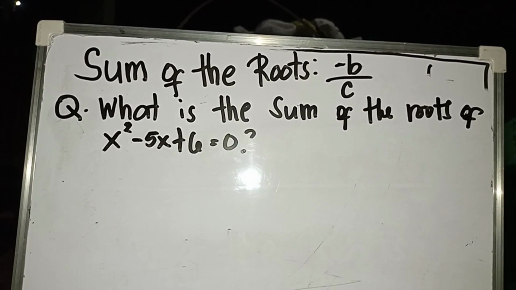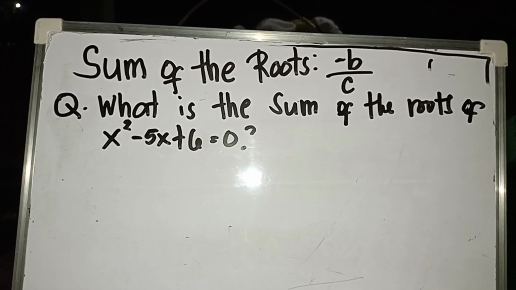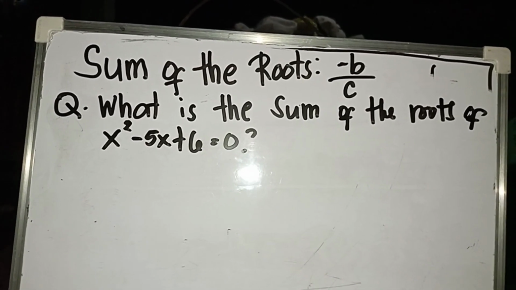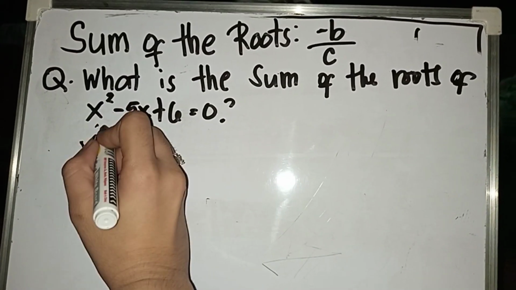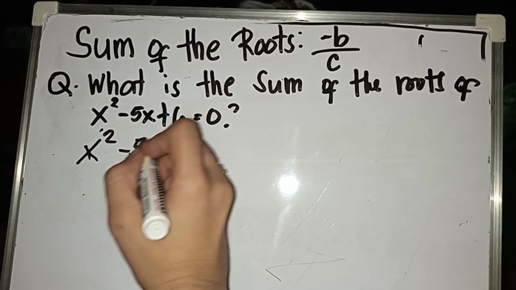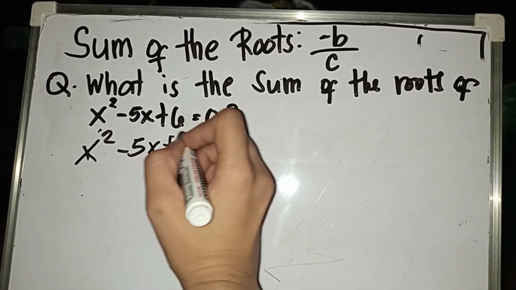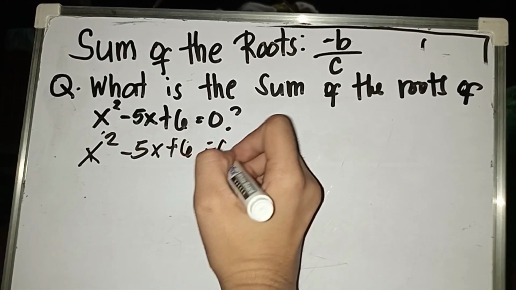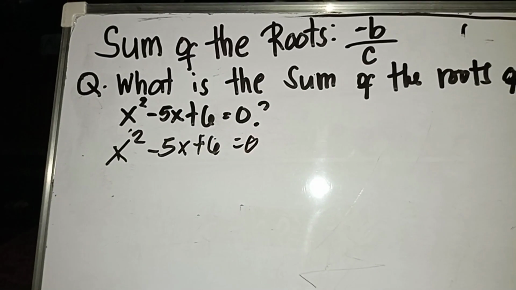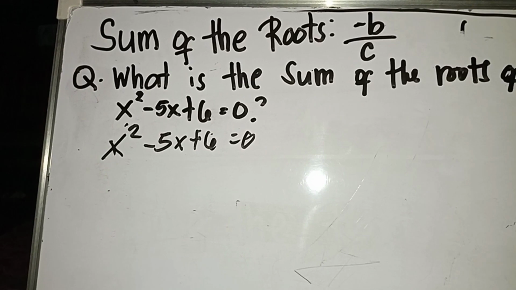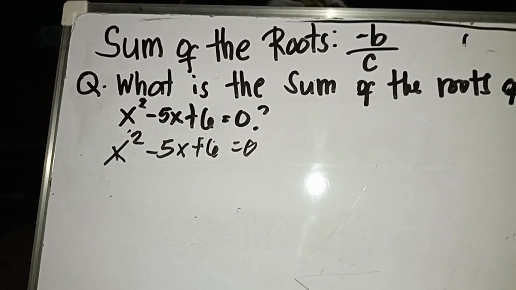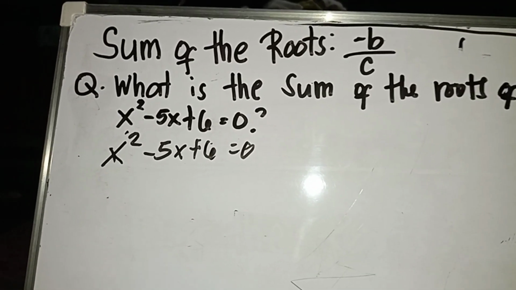So let's say for example, x squared minus 5x plus 6 is equal to 0. For you to find the sum of the roots, kailangan muna natin ma-solve ang quadratic equations.